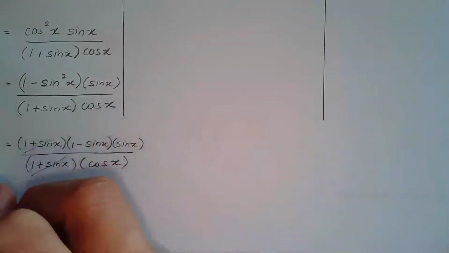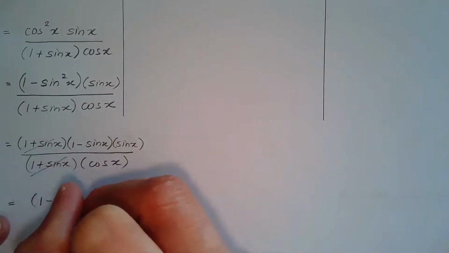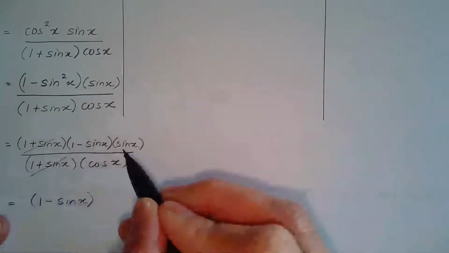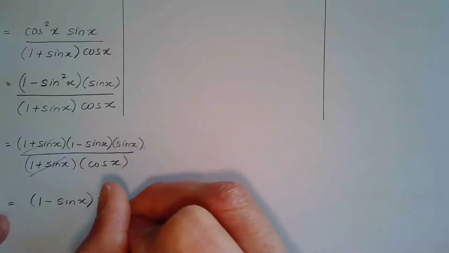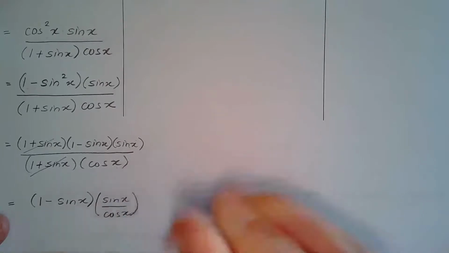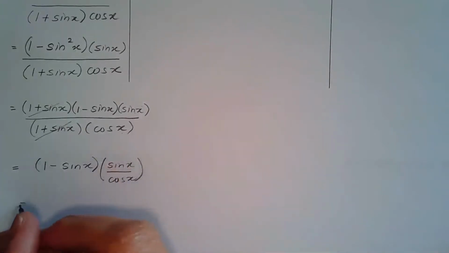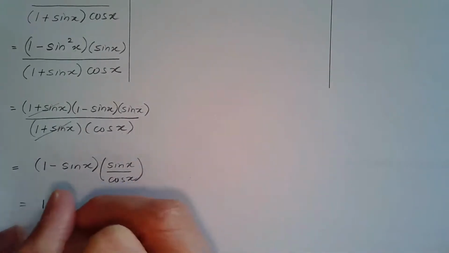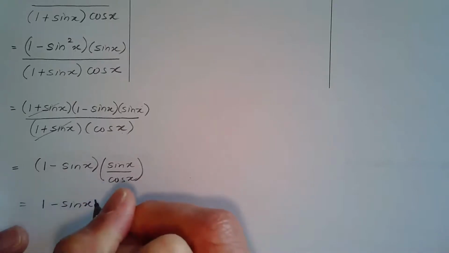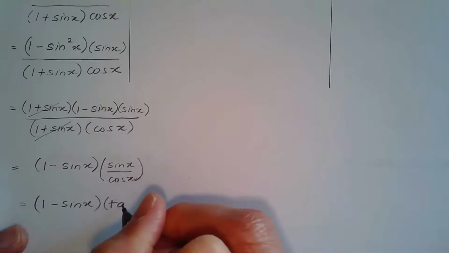Okay, I'm going to write it down. 1 minus sine of x, and then the sine of x divided by cos of x. I take that outside, and that's the same thing as tangent of x. 1 minus sine of x is equal to the tangent of x.